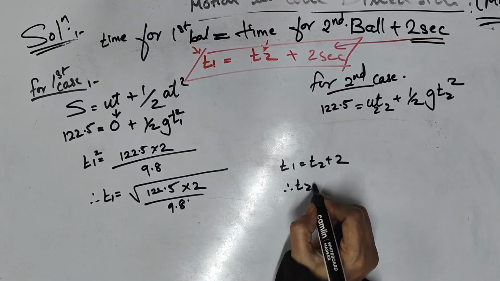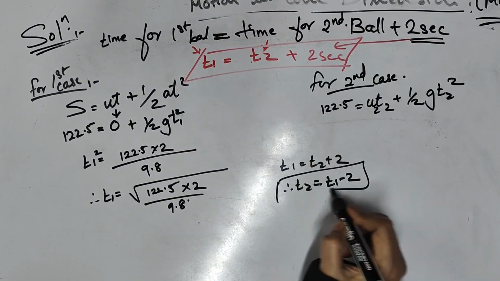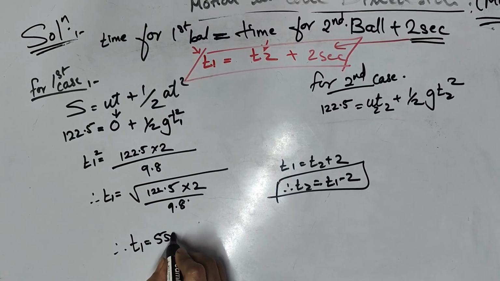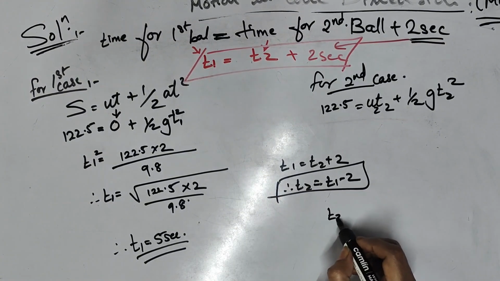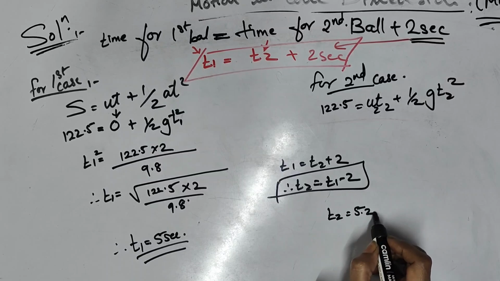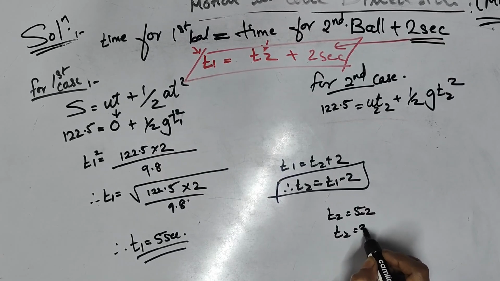Therefore t2 is equal to t1 minus 2. So therefore t1 is equal to 5 seconds. How it came? See, t2 is equal to 5 minus 2. Therefore t2 is equal to 3 seconds.